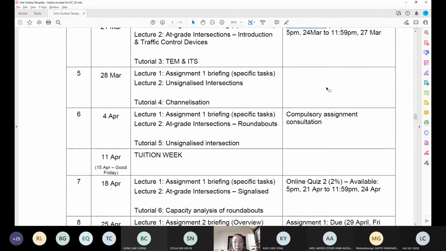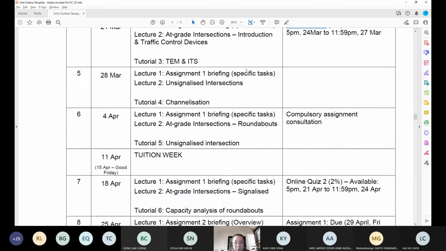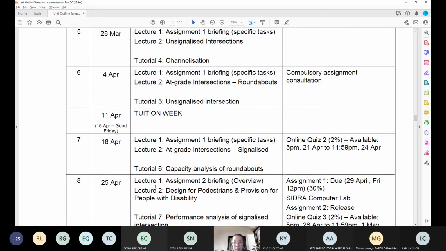Now I know that assignment 1 is quite long. I release it in week 2, and submission is around week 8. So in week 6, I'm putting a compulsory assignment consultation to catch up on your progress, as well as to know what difficulties you are facing.